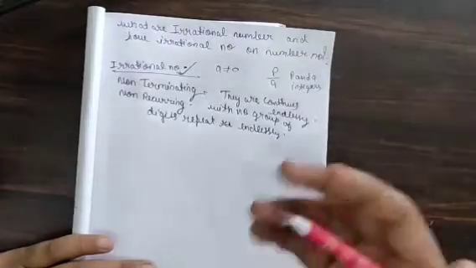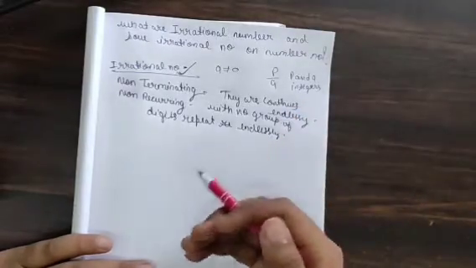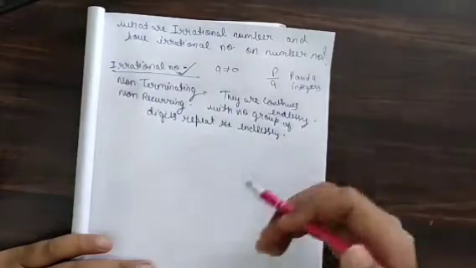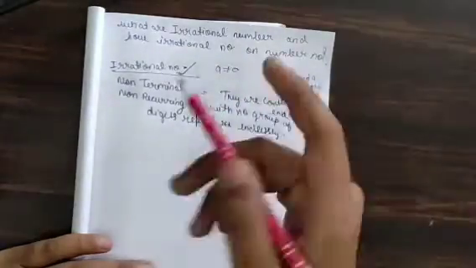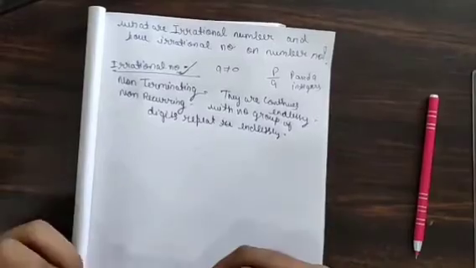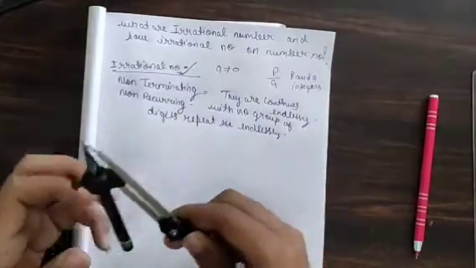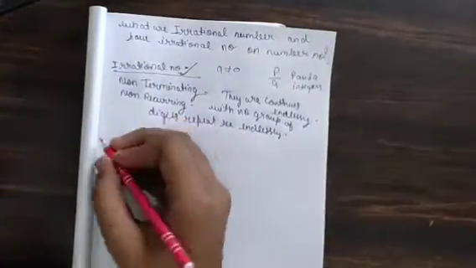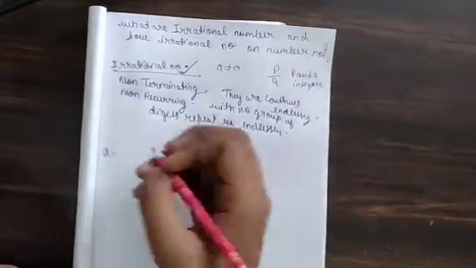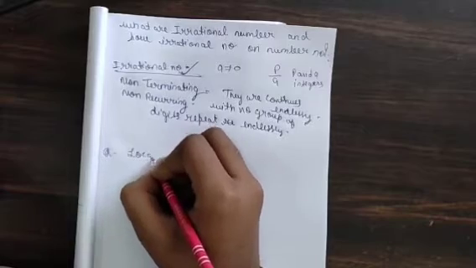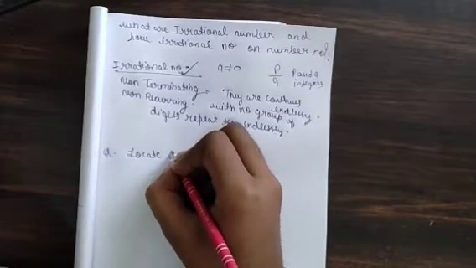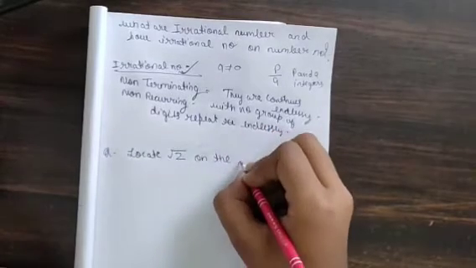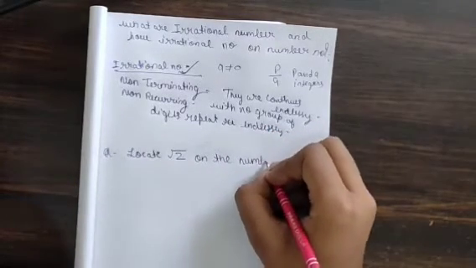Now we see how to represent irrational numbers on the number line. First we need a compass and a scale. The first question is: locate root 2 on the number line.